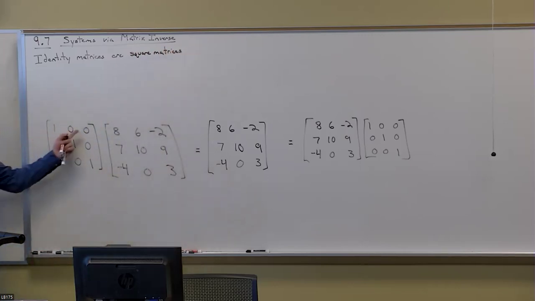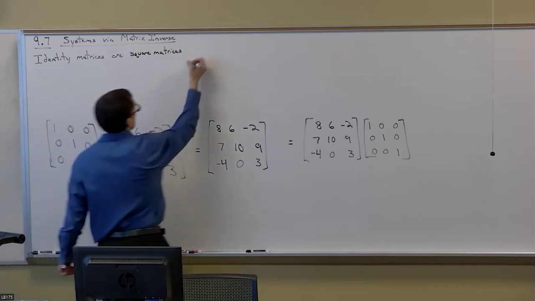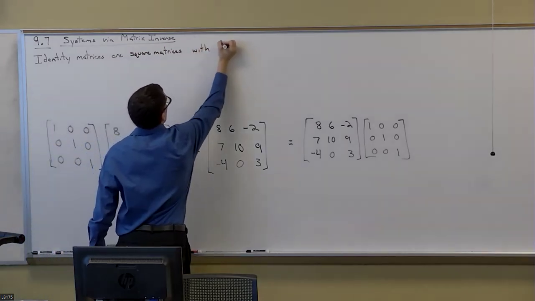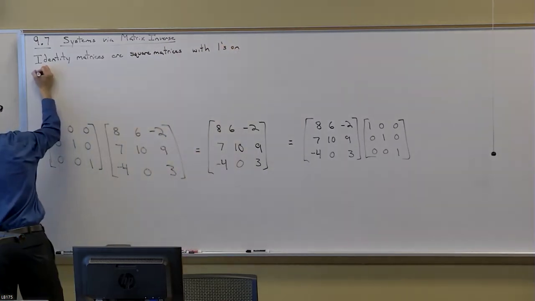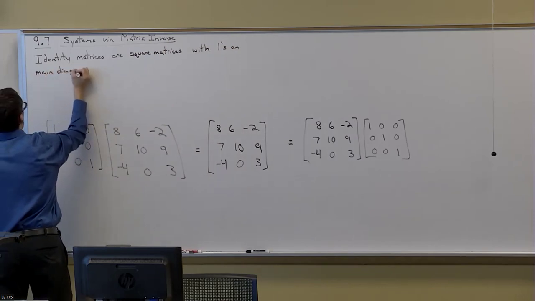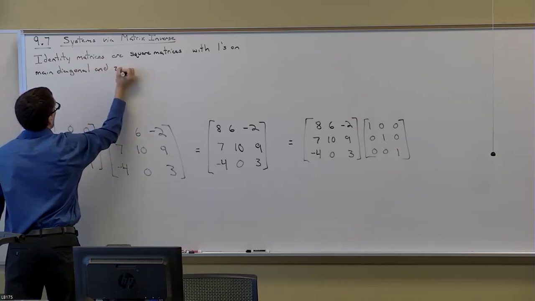Square meaning same number of rows as columns, right? 3 by 3 or 2 by 2. There's no 3 by 4 identity matrix, it has to be square. They are square matrices with 1's on the main diagonal and 0's elsewhere.